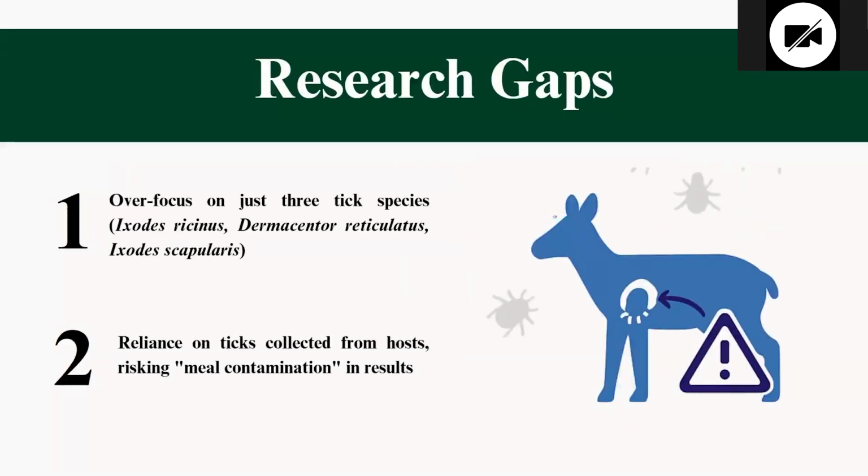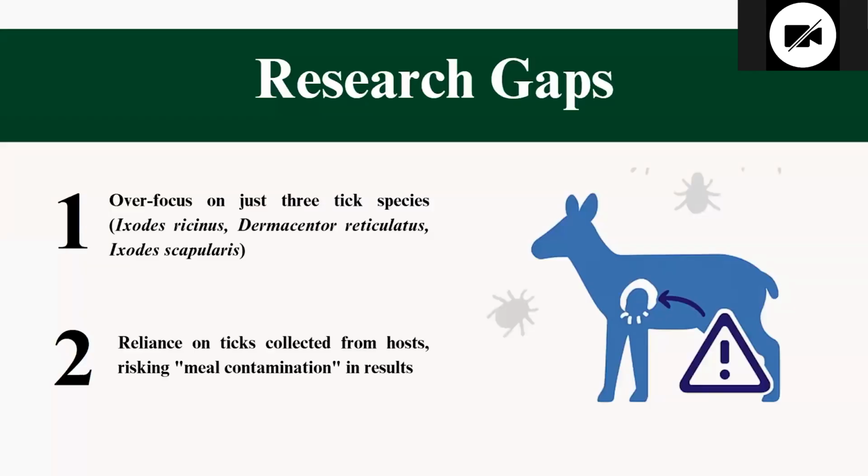But there are a lot of studies about ticks and tick-borne diseases around the world, but we noticed that there are two research gaps. A great majority of review studies on Babesia were performed on the most common European tick species, Ixodes ricinus and Dermacentor reticulatus, but also a marked number of studies was conducted on Ixodes scapularis.